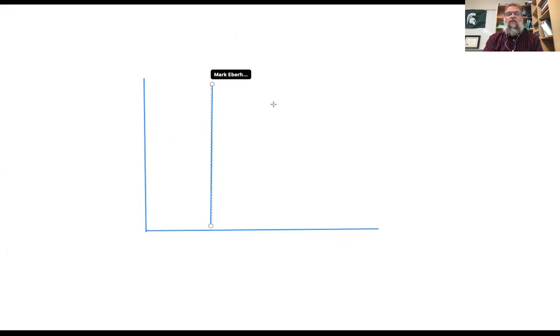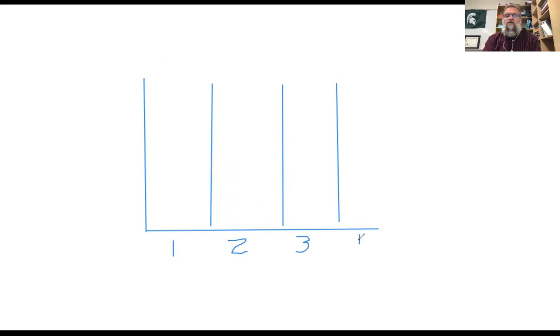Now, this may not end up being perfectly straight and beautiful, but you'll get the idea. And one more. All right. So this is stage 1. This is stage 2. This is stage 3. This is stage 4.